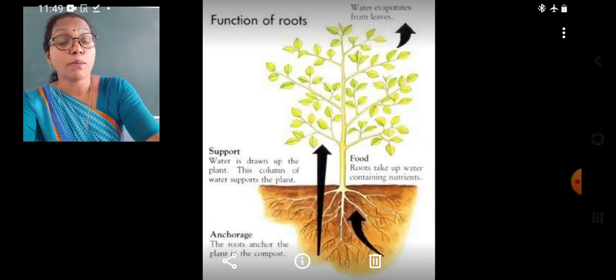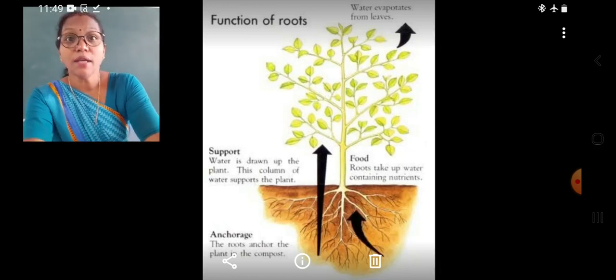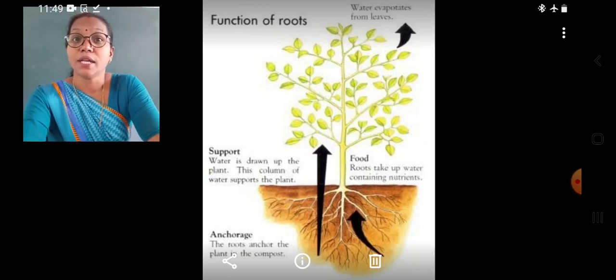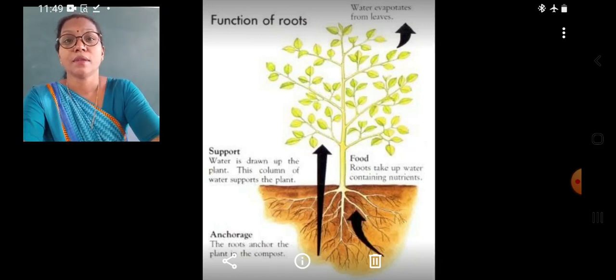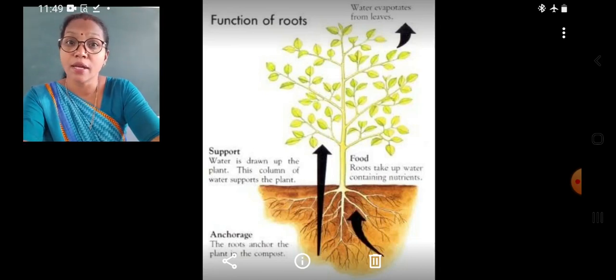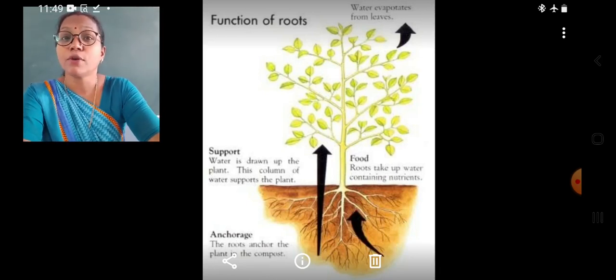Then students, the second function is that the roots absorb water and minerals from the soil. The plants need water and minerals for the necessary function of photosynthesis. During photosynthesis, food is prepared in the leaves using carbon dioxide, water and minerals in presence of sunlight with the help of chlorophyll.